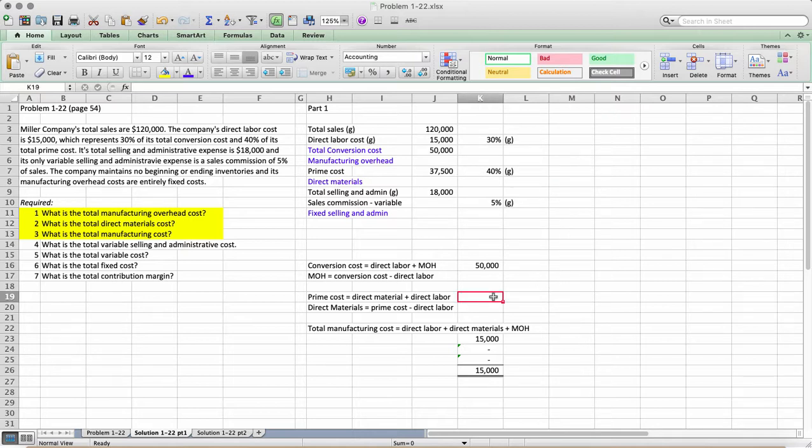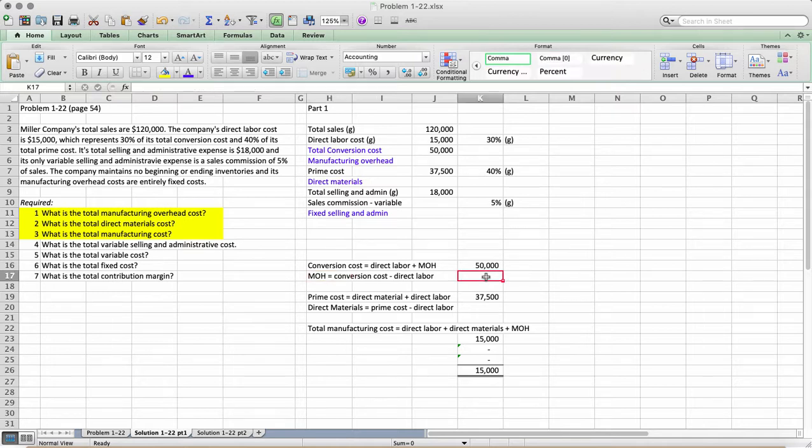So I'm going to put that down here. And you'll notice that I have a couple of algebraic equations. This will help us determine the first one. If conversion cost equals direct labor plus manufacturing overhead, then our manufacturing overhead would equal the conversion cost less direct labor.